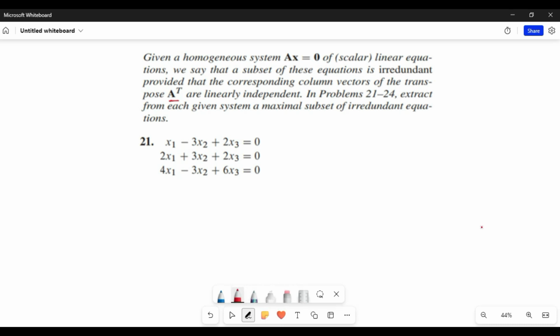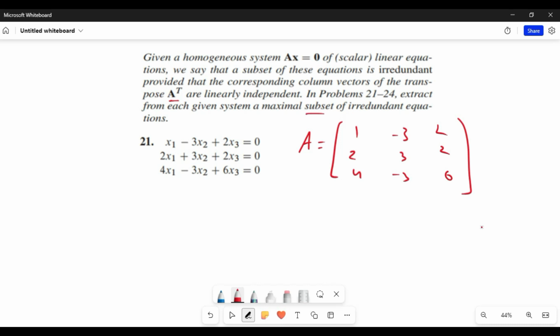Okay, so A matrix from the given problem is 1 2 4, minus 3 3 minus 3, 2 2 6. In problems 21 to 24, extract from each given system a maximal subset of irredundant equations.